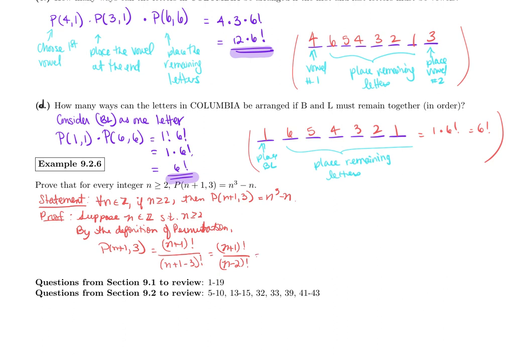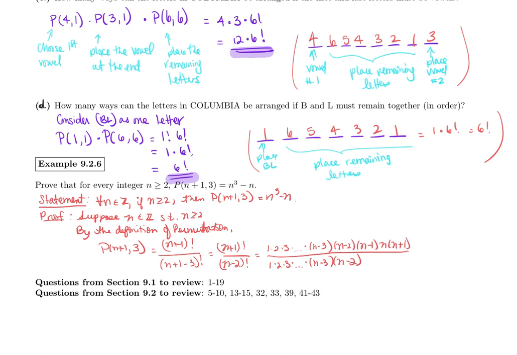So if we think about all these values that go into this, this is 1 times 2 times 3 times all the way up to n minus 3 times n minus 2, n minus 1, n plus 1. And our denominator would be 1 times 2 times 3 times all the way up to n minus 3 and then n minus 2.